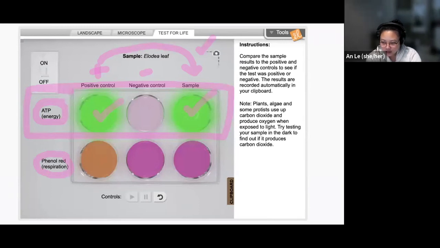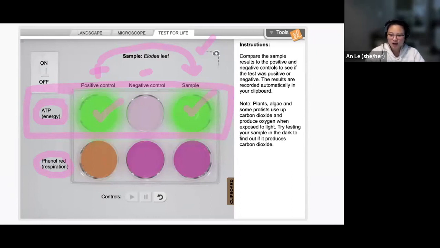Yes or no? This is the phenol red test. So what color should it be if it is positive? So kind of use that to answer. So yes or no. And the answer is no.